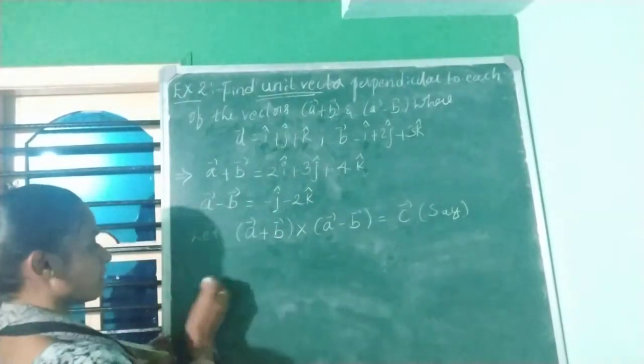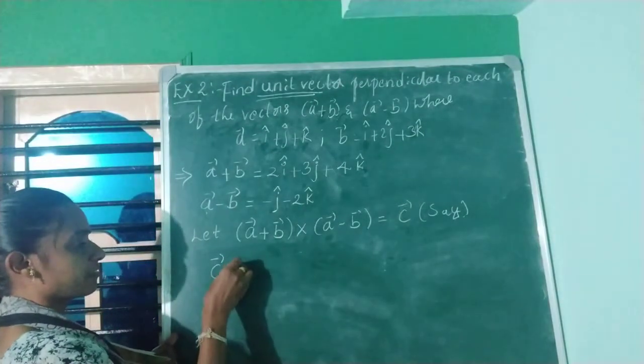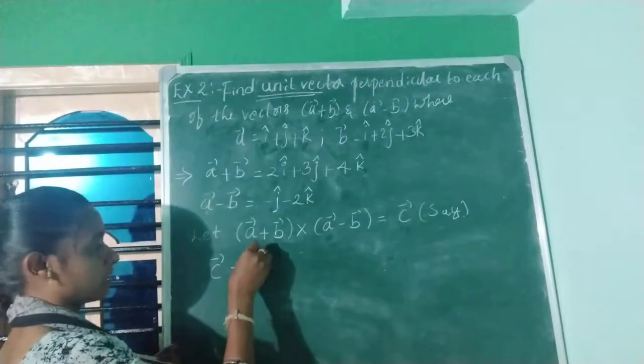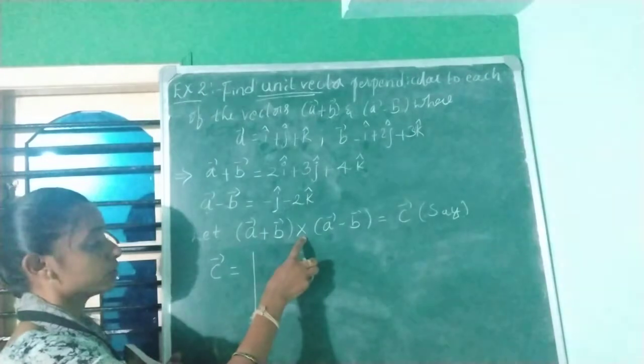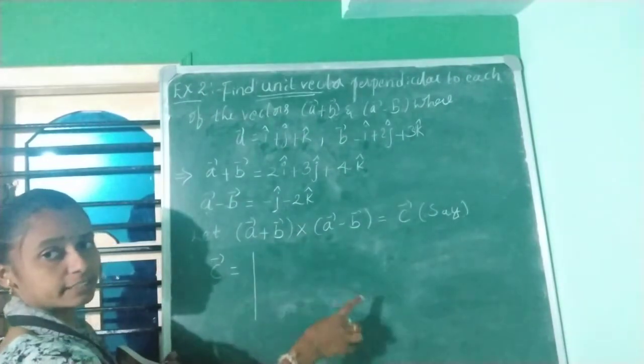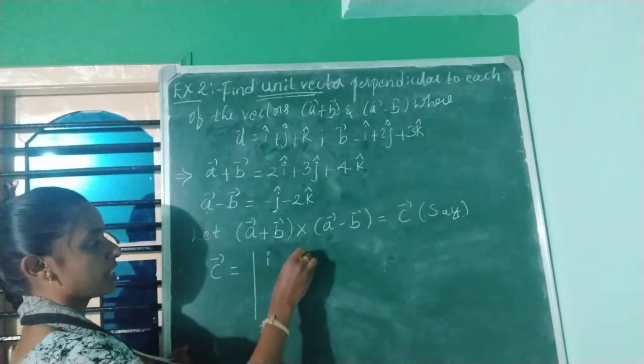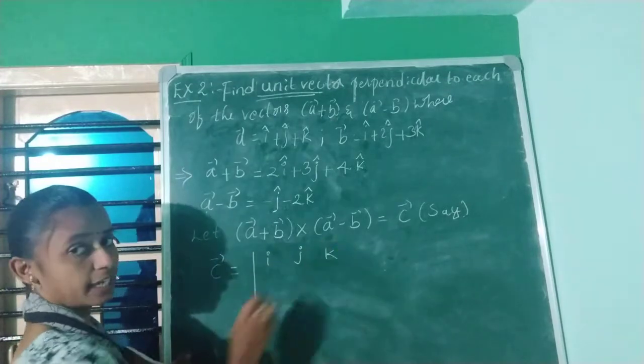Okay. Here we can write vector c as a determinant. We need to find the cross product, right? So cross product means it is a determinant whose first row is i, j and k.